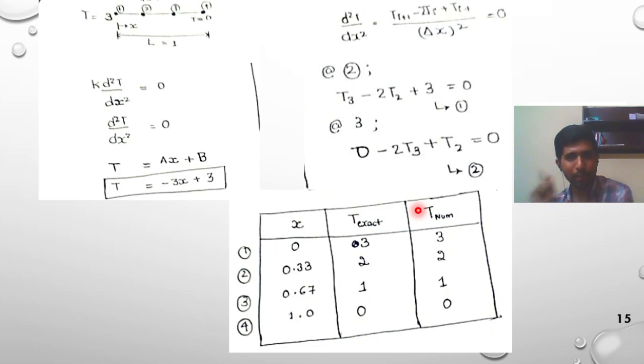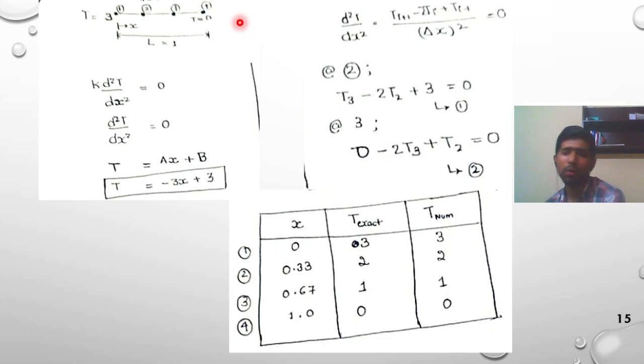There will be some error with the exact solutions, especially when you have a very high gradient. So d square T by dx square was some specified value, say 3, or if you are having more derivatives, d square T by dx square plus dT by dx is equal to 3, or if the boundary conditions were difficult, say a specified heat flux instead of specified temperature, where you had dT by dx equal to some constant heat flux, insulated boundary conditions.